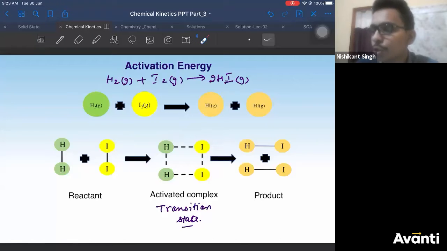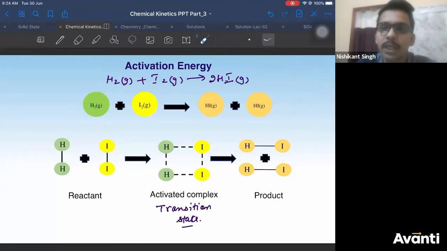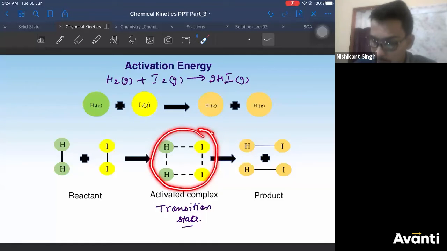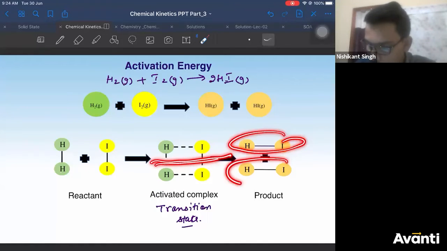For example, biology students might know, when you write enzyme catalysis, enzyme and substrate combine to form the enzyme substrate complex, which dissociates into enzyme and product. You have a two-step mechanism for enzyme catalysis. So similarly, this is the intermediate which is formed before the product, which is called the activated complex. Now this will dissociate into product like this, and you'll get an HI molecule and an HI molecule.